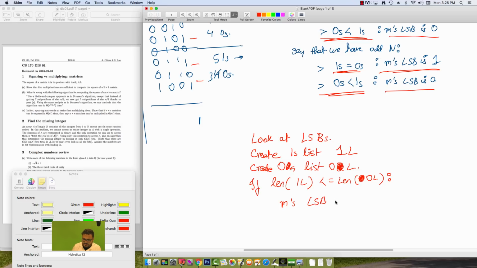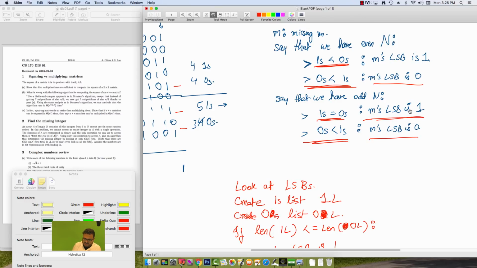m's LSB is 0. Okay? Else, if len of 0 list is less than len of 1 list, sorry, made another mistake. M's LSB here is 1, not 0, right? Because if it is equal, then m's LSB is 1.